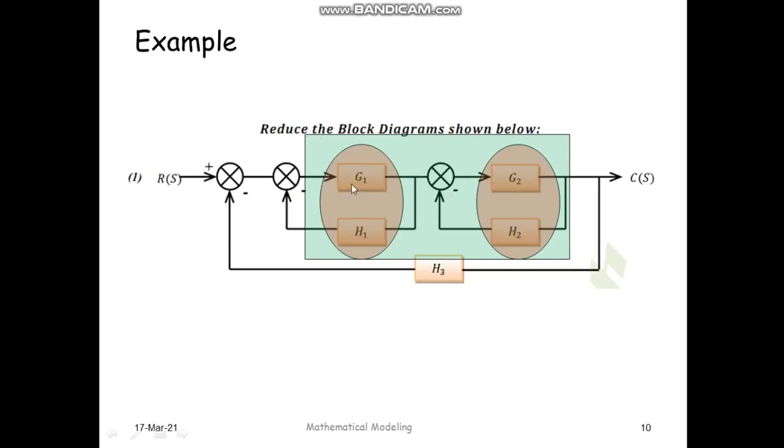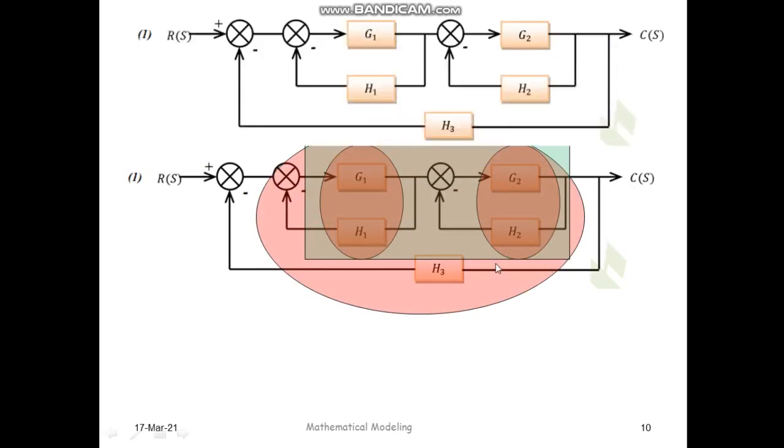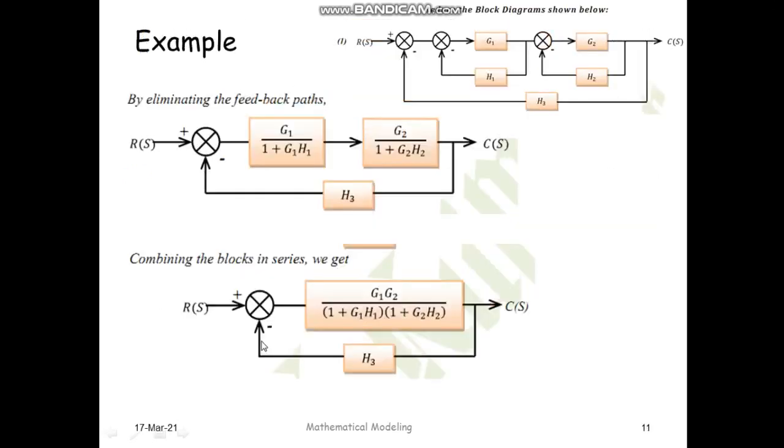So these two functions will come in series, so we can take the multiplication. Thus we get a single transfer function in the forward line, then a single transfer function H3 in the reverse line, one summing point, one input and one output. Last will be this particular transformation, and this is how we will be able to solve it. Okay, so now let us solve this.